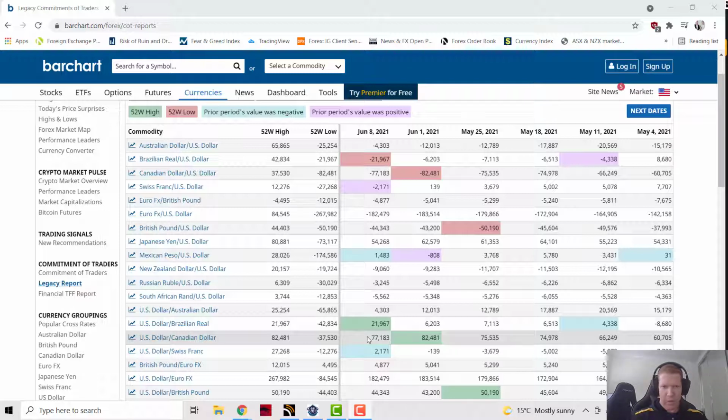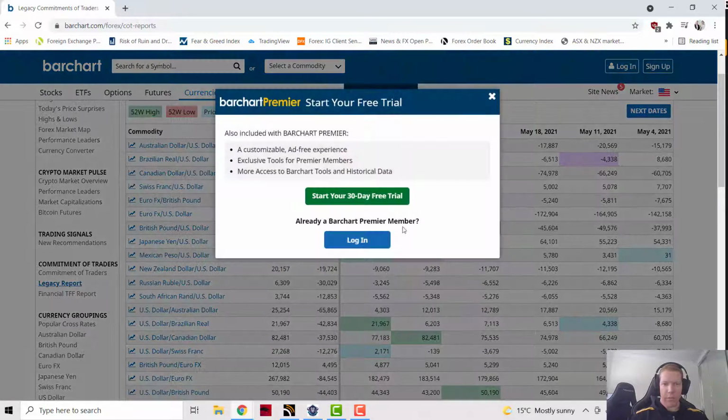So actually the start of the week here has decreased compared to June 1st. Pretty stable. We've seen a small accumulation from May 4th to the 11th. The peak was the 1st of June, it looks like, and that was the 52-week high. So I'm going to pay attention to this one as well.